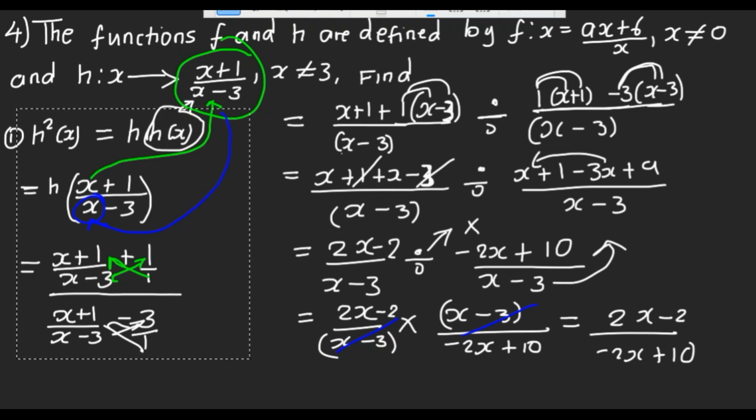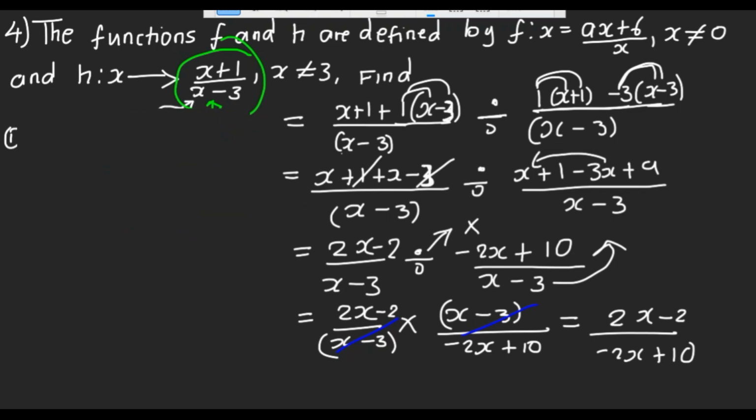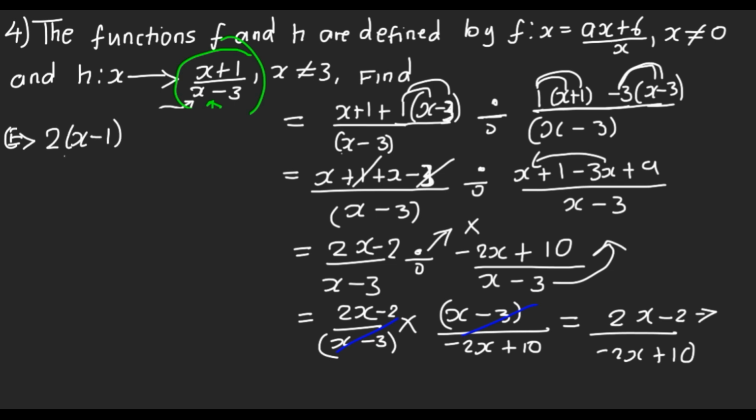So at this point, we can just simplify our answer. We can factorize the upper part. 2 is common, open brackets, we have x minus 1, divided by, then below 2 is also common, so we take out 2, open brackets, so we're going to have negative x plus 5, so that I can cancel this.